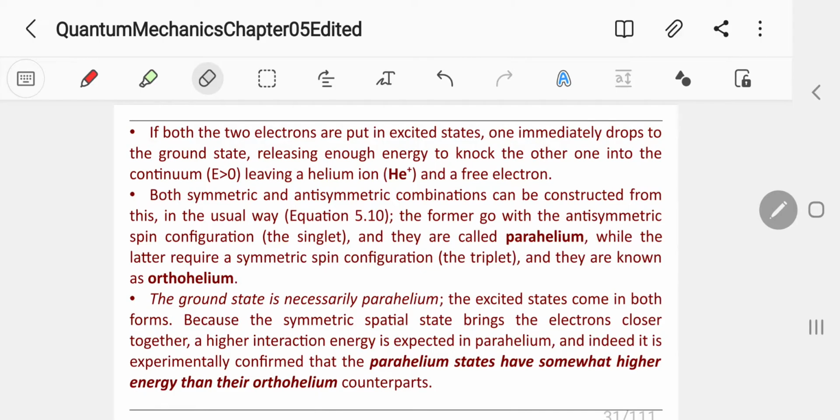If both electrons are put in excited state, one immediately drops to the ground state.